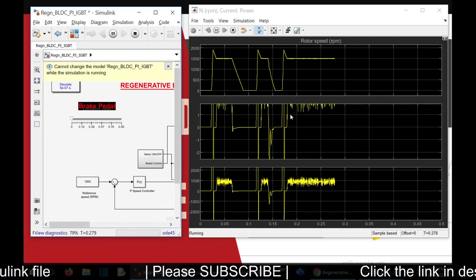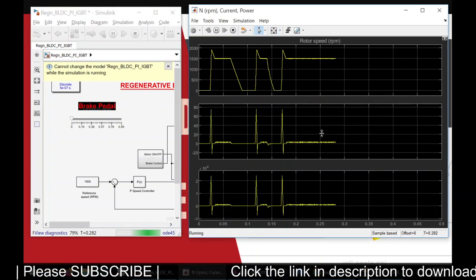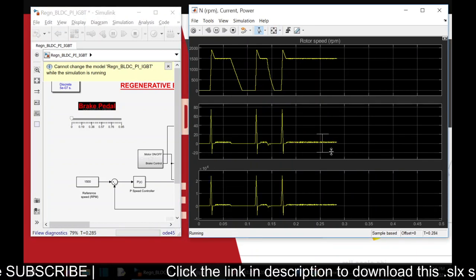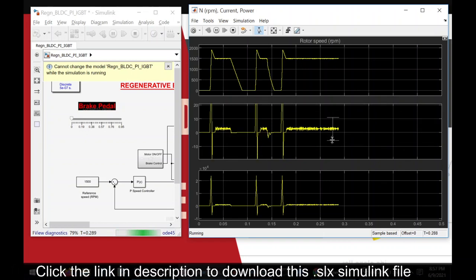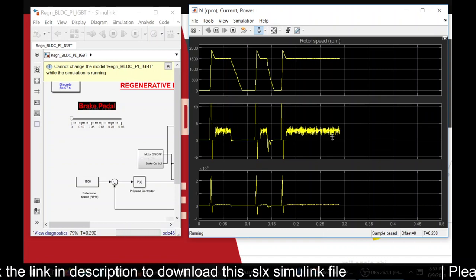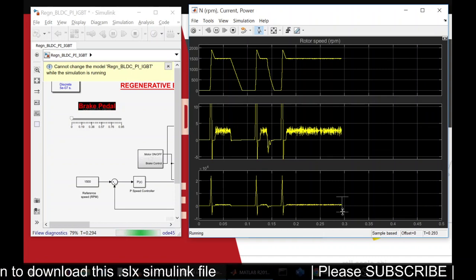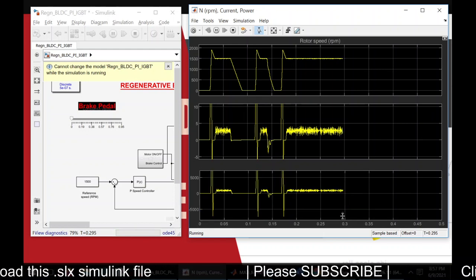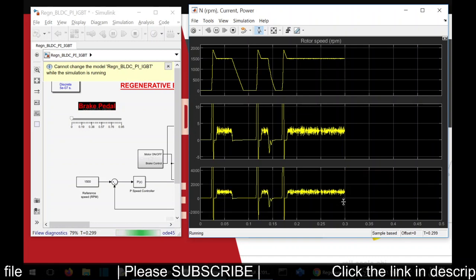So you can see the simulation. Now it is running as motor. Now I'm going to apply a medium brake. Okay, now I'm going to apply a medium braking.